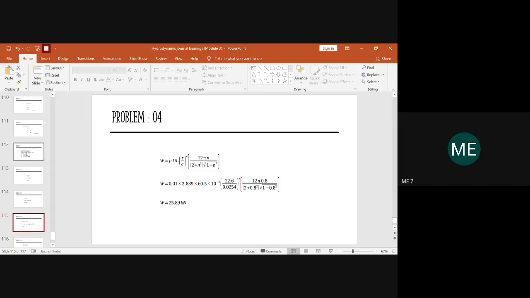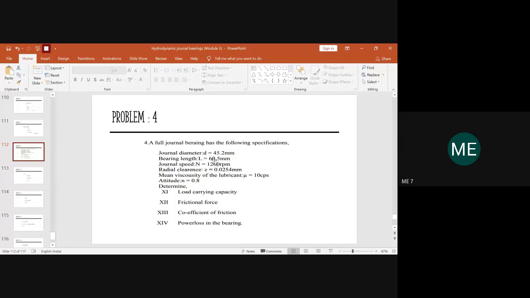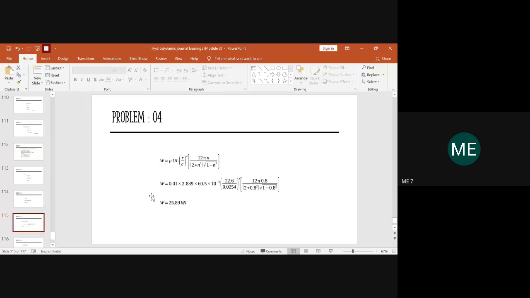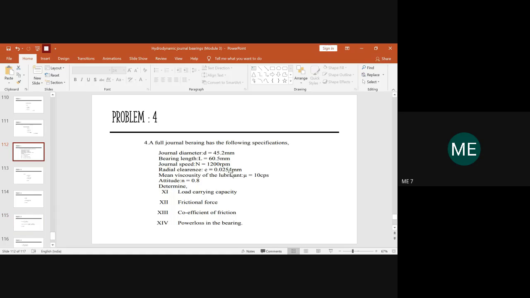And then the length of the journal bearing is also changed. It is 60.5 mm. So come back to the equation here and write it as 60.5 into 10 raised to minus 3. Then substitute the value for R, the radius of the journal, 22.6, and the radial clearance, which is 0.0254 into 10 raised to minus 3. As per the question, it is 0.0254 mm, the radial clearance.